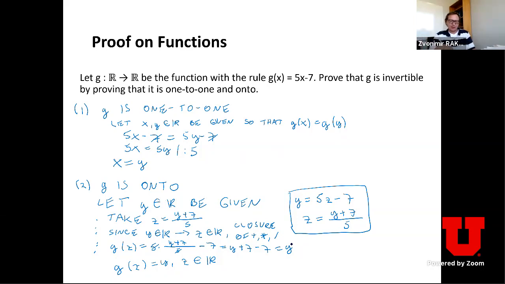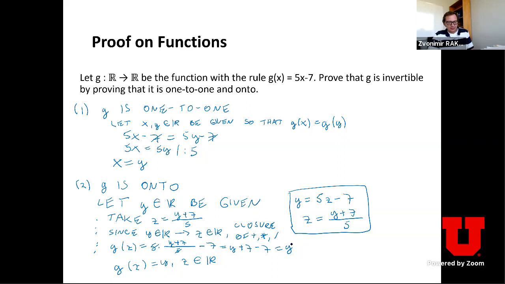So that's what we are proving here. We are assuming that x and y map to the same thing, and then we show that they're the same. I hope that covers it.